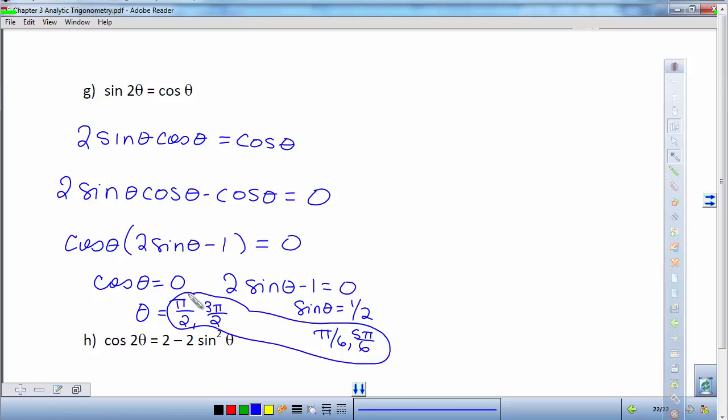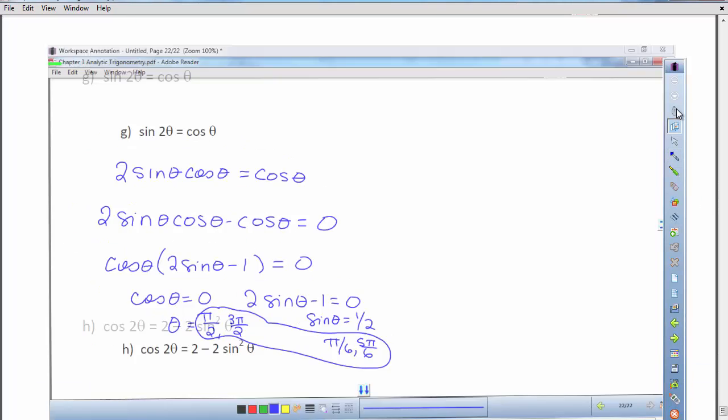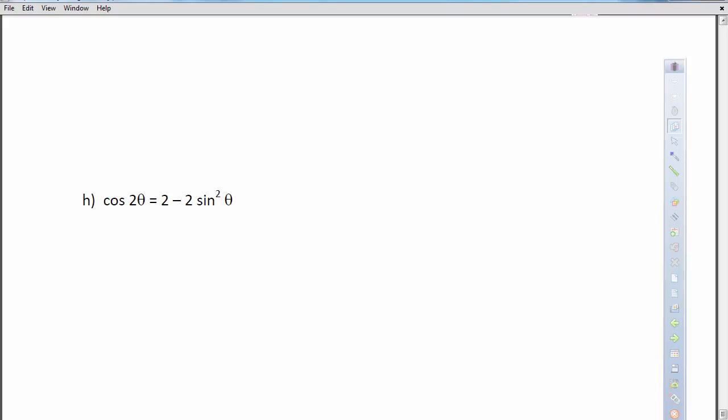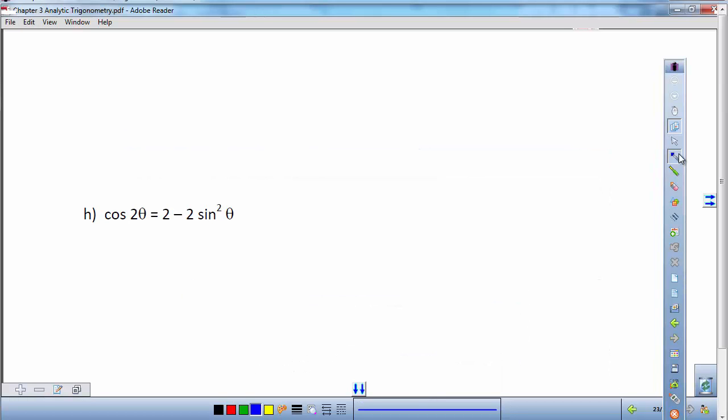And finally, in H, cosine 2 theta, I'm going to make a substitution. I'm going to substitute 1 minus 2 sine squared theta from my formula sheet. Right?